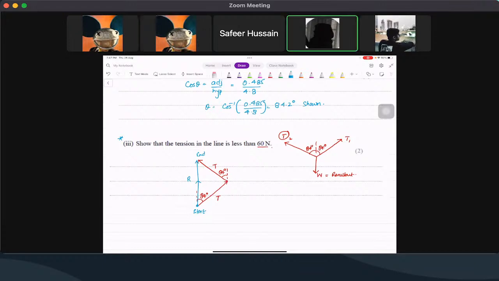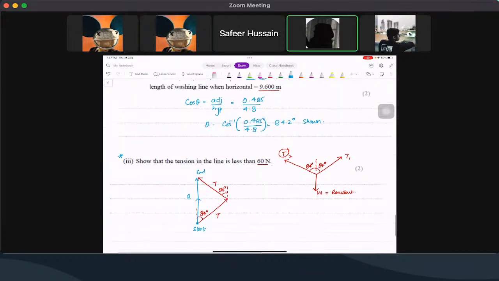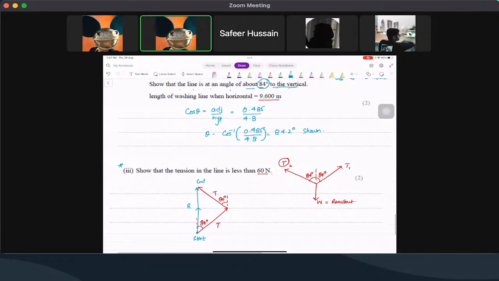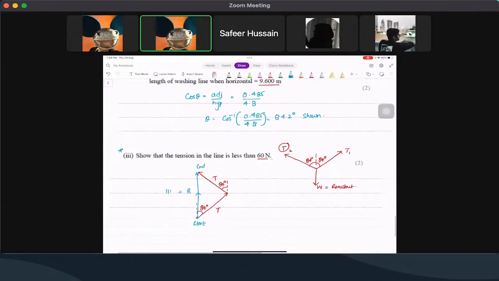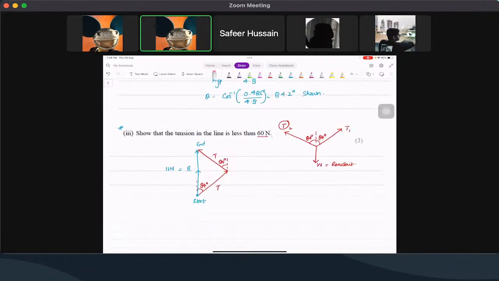This resultant is the total force that was acting on the line, which is 11 newtons, and that is the weight. So I'm going to put it like this. Now, if this is 84, then this would also be 84. How do I know this? Because this angle and this angle are alternate angles. Clear?